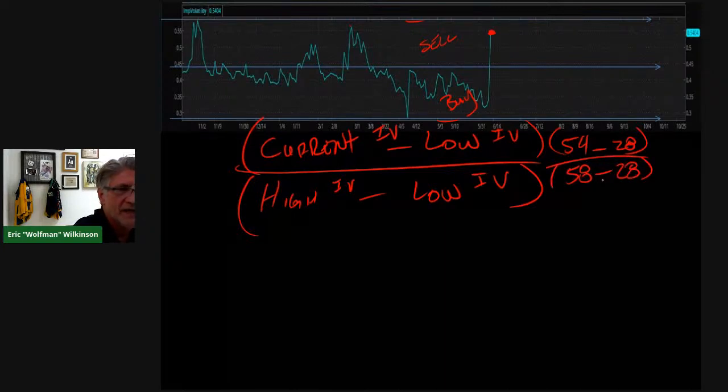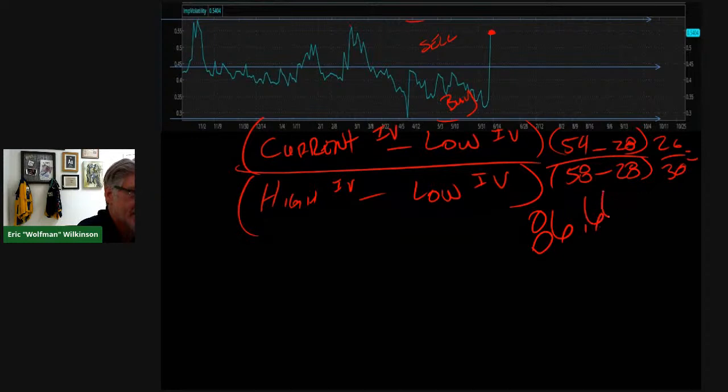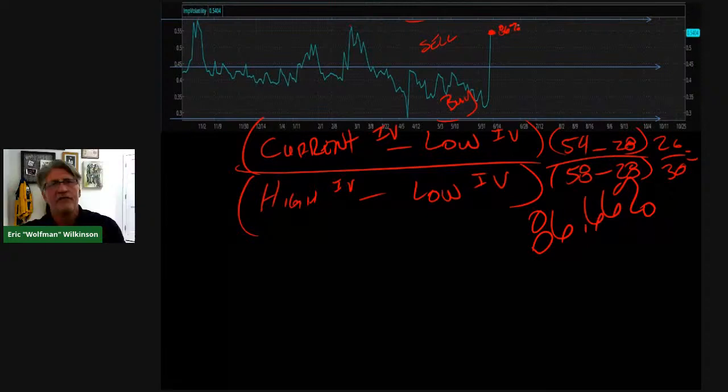All right. So we take those two sums. What do we got? 26 divided by 30, which basically gives me 86.66%. So it's in the 86th percentile of pricing.